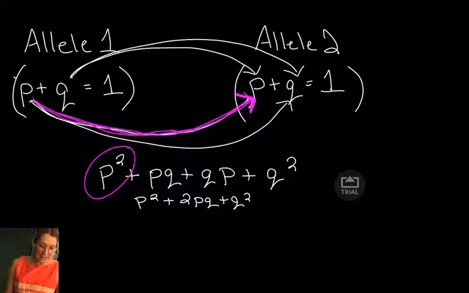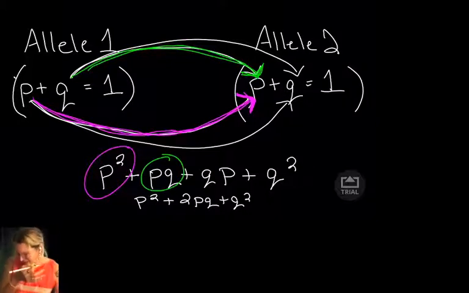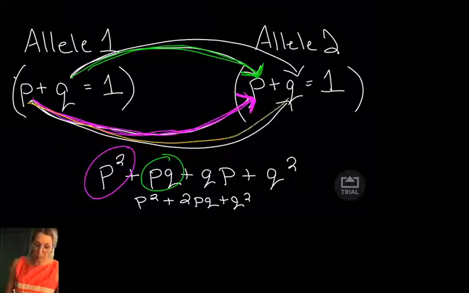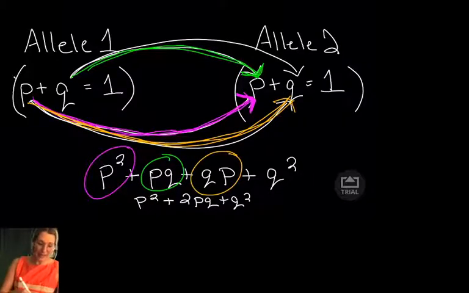Then we do inside. So Q is inside P. So we get P and Q. Sorry. Inside. Then we go outside. P to Q. Again, we got another P and a Q here. And then last.